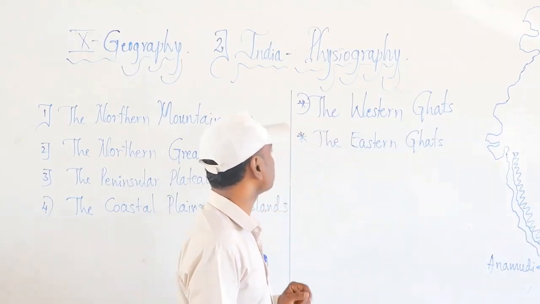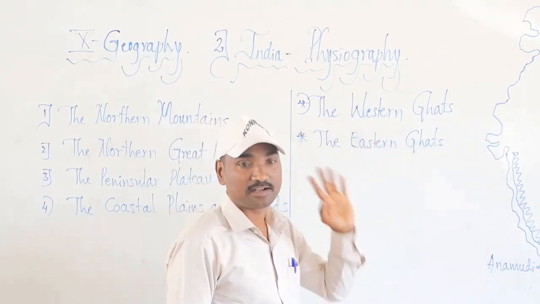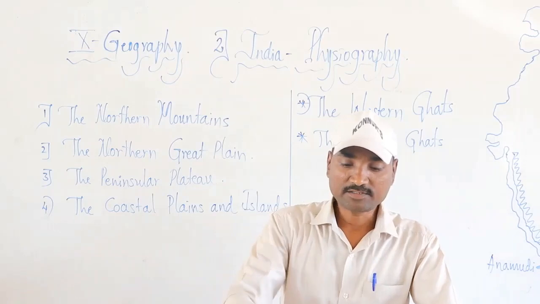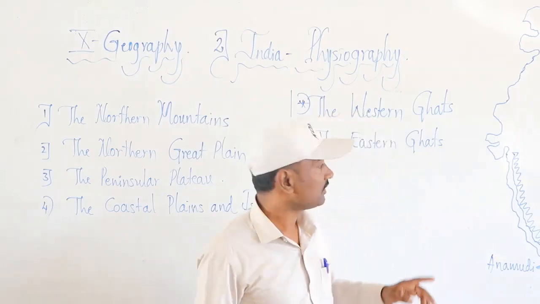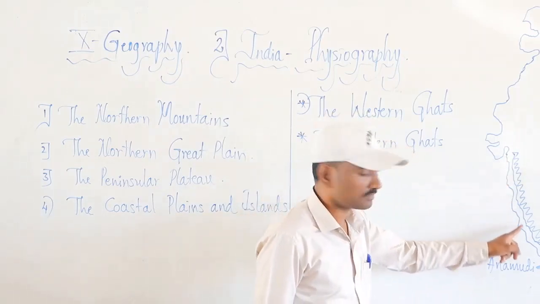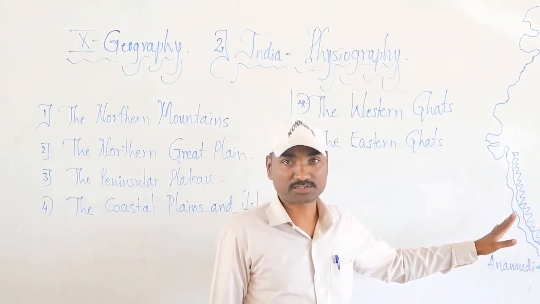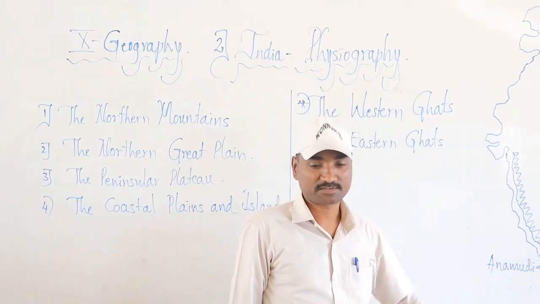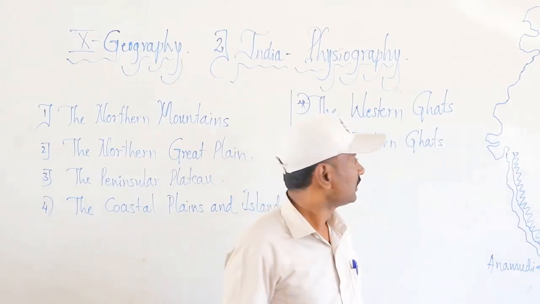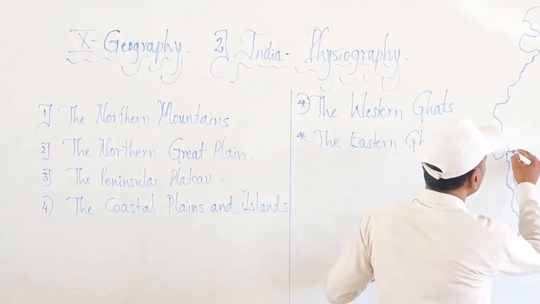Let us study now first the Western Ghats. This Western Ghats is continuous, running parallel to the west coast. It is from the Tapi river to Kanyakumari.